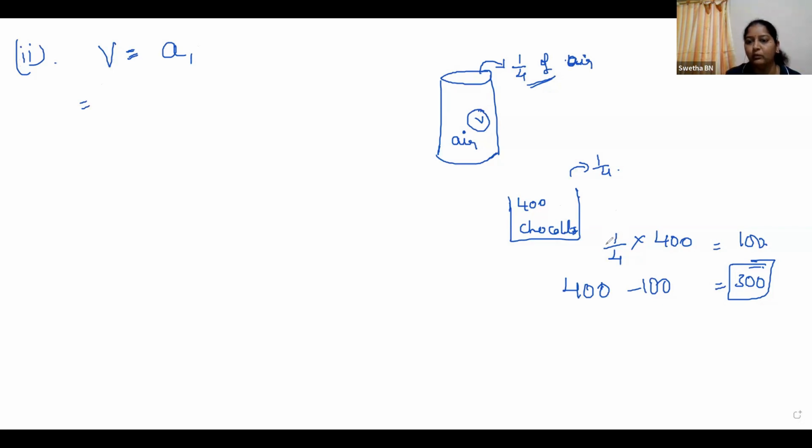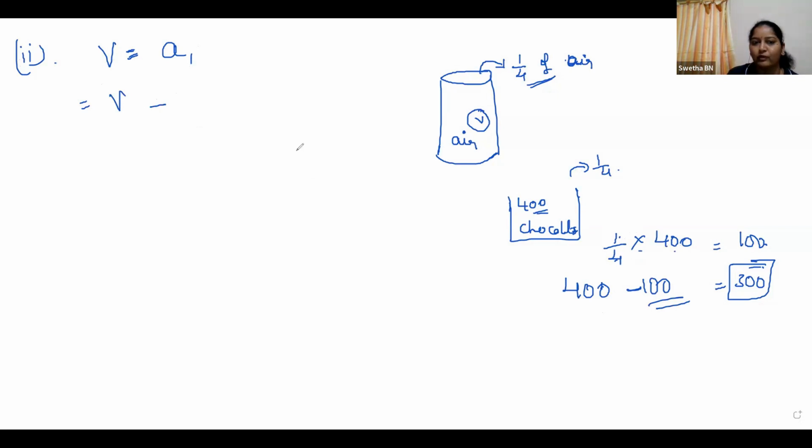We have to remove 1/4 of 400. So I will write here: 400 minus means V minus, 1/4 of 400.